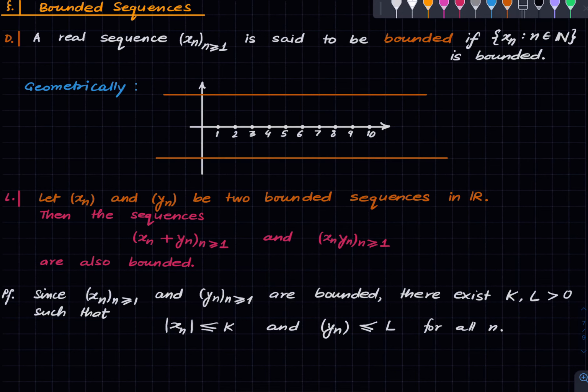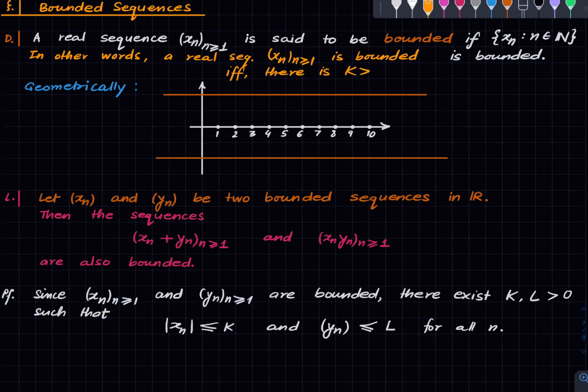So maybe I could have written this here itself. In other words, let me emphasize this: a real sequence x_n is bounded if and only if there is some real number k such that the absolute value of x_n is bounded by k for all n.